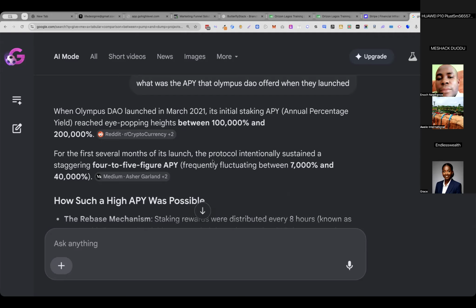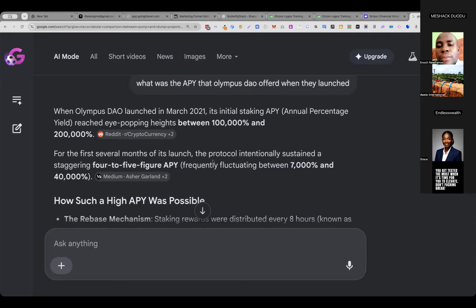And all of these were hard-coded into the smart contract. Somebody was not sitting down manually adjusting the price. It was the algorithms in the smart contract. You see why this is complicated? The algorithms in the smart contract were changing these prices dynamically on its own based on market conditions.